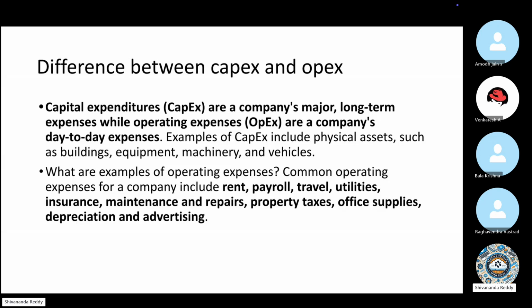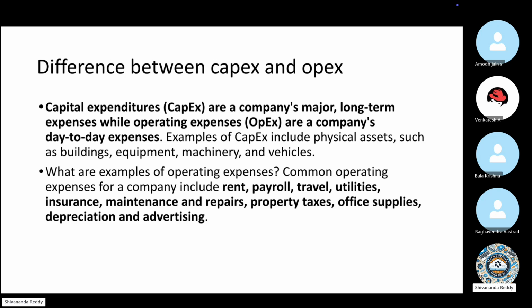This all comes under CapEx. For example, if a company is purchasing one particular building, they're not paying rent. They're purchasing completely. It's a sale. That comes under capital expenditure. Nothing but a one-time investment. One time they're making the payment.